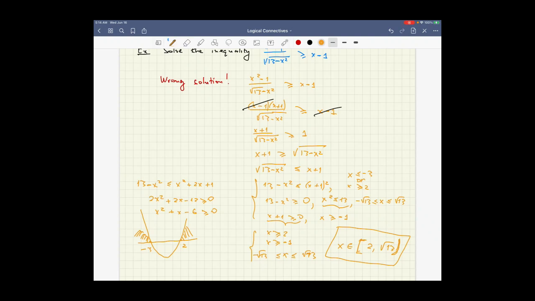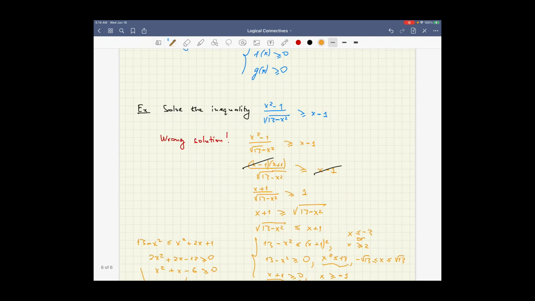So what was the mistake? The mistake, of course, occurred when I did the division. This is because I divided by x minus 1 without checking whether x minus 1 was positive. Remember, when you divide an inequality by a negative expression, the sign of the inequality flips.